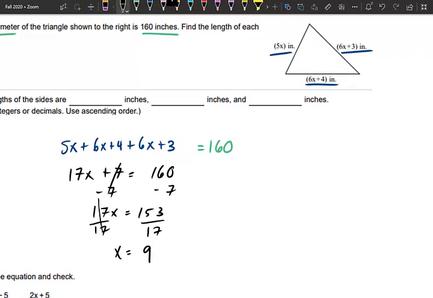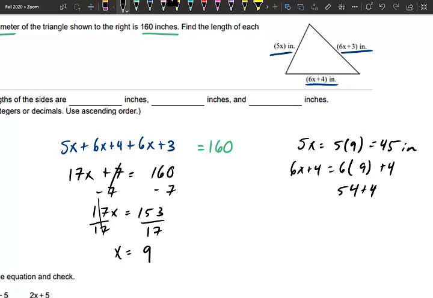So our first side, we have 5x, so 5 times 9, we get 45 inches. And then we have 6x plus 4, so that's 6 times 9 plus 4. So 6 times 9, we get 54 plus 4, so that's 58 inches.